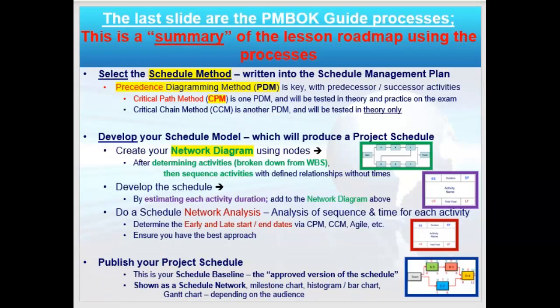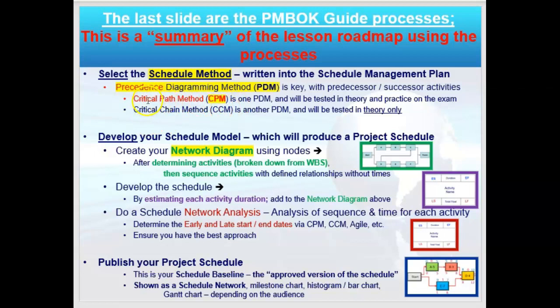This is a one-slide summary of everything that's going to go on. We're going to select the schedule model, right? Which is going to be a precedence diagramming method, or PDM. And a PDM comes in 2 forms: critical path method, CPM, or critical chain, CCM.